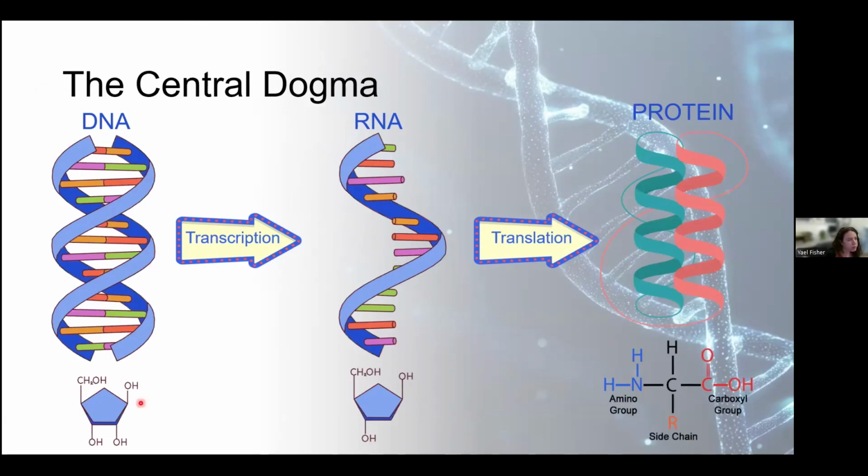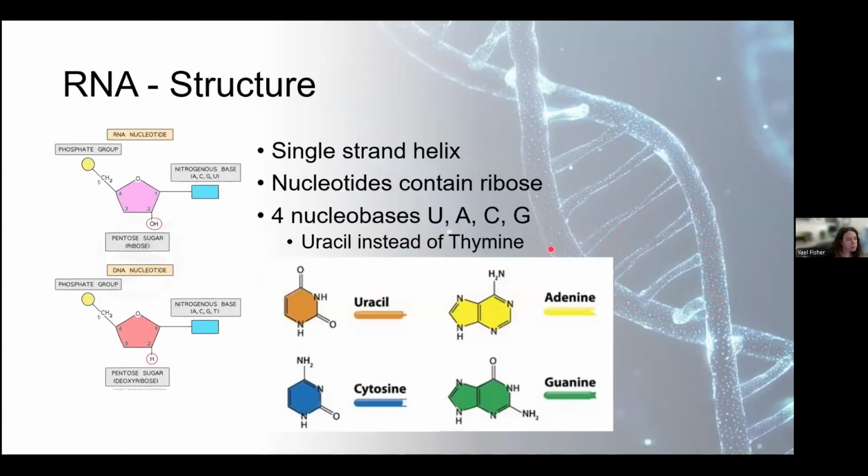So the first part of the central dogma is the DNA, and now we're going to go on to the RNA. So as I said from the beginning, the RNA nucleotides are very similar to the DNA nucleotides. The sugar is different because it has a hydroxyl group. So it will be a ribose sugar and not a deoxyribose sugar like in DNA.